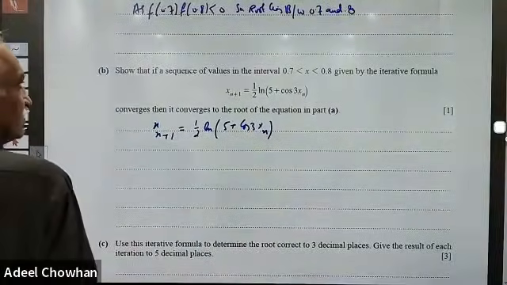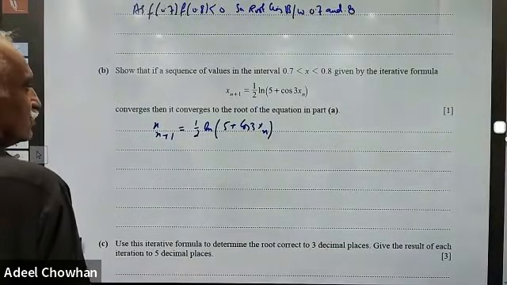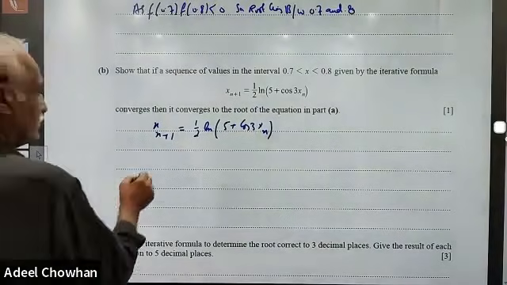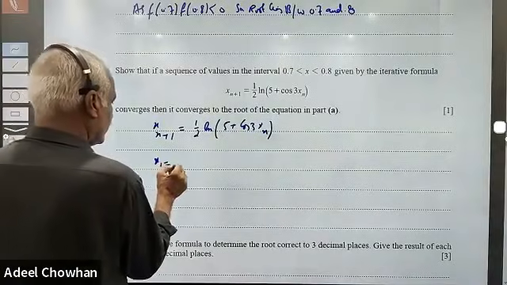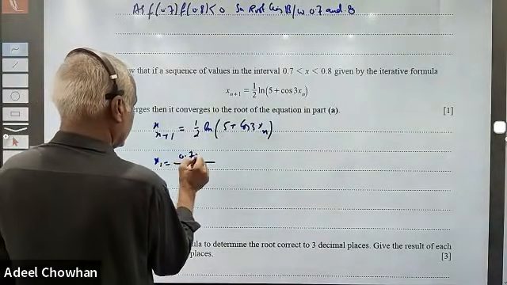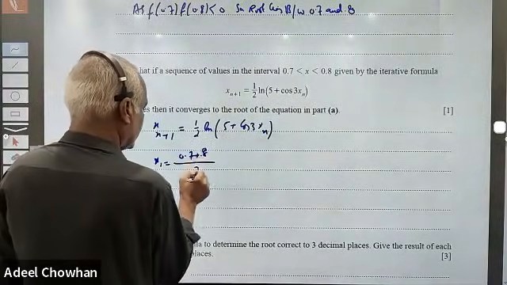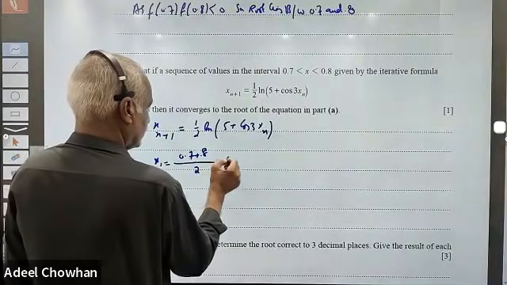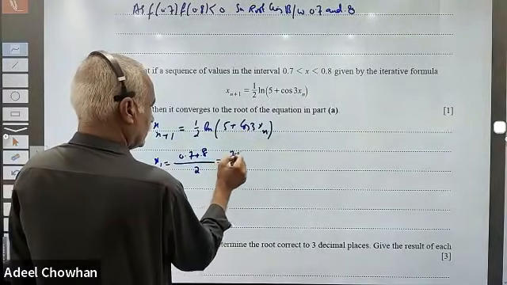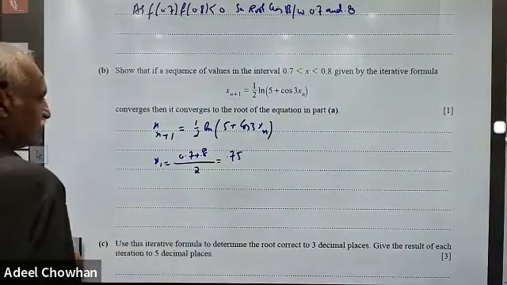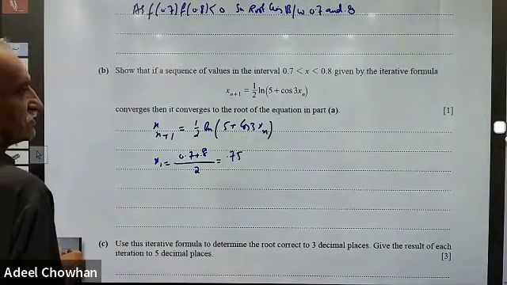Since the root lies between 0.7 and 0.8, we take the average of these two. So we take the value of x1 as 0.75.